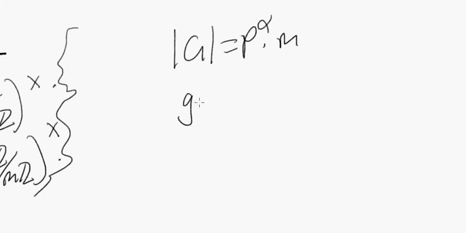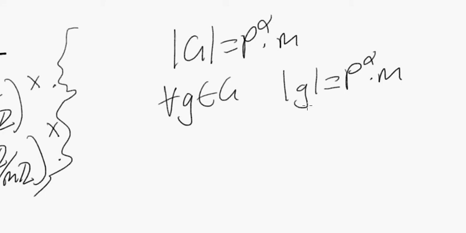Maybe this is a bizarre idea, but we have a group, and we know its order is p to the alpha times m. Now, suppose that for all g in G, the order of little g never equals p to the alpha times m. That's all well and good.